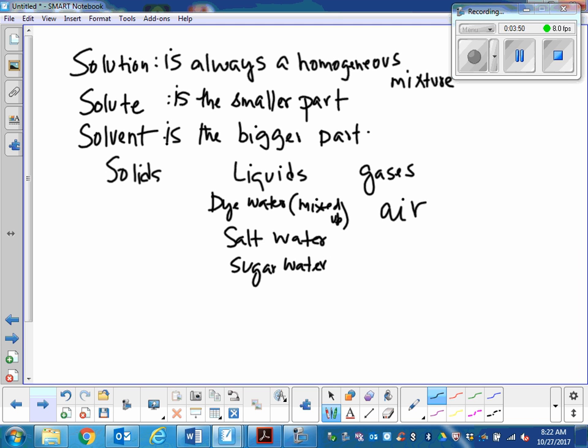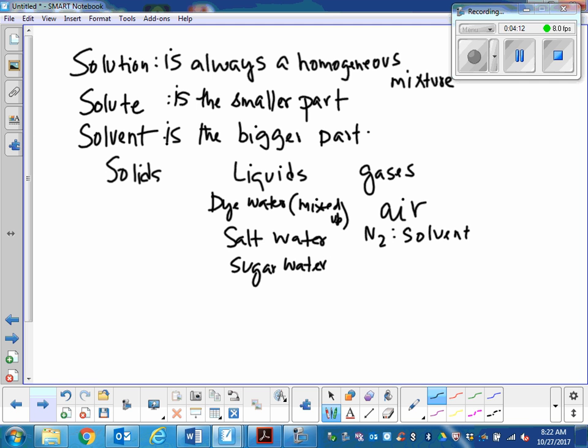What is the solute? What is the solvent in air? Nitrogen is the solvent. In air, nitrogen is the solvent.